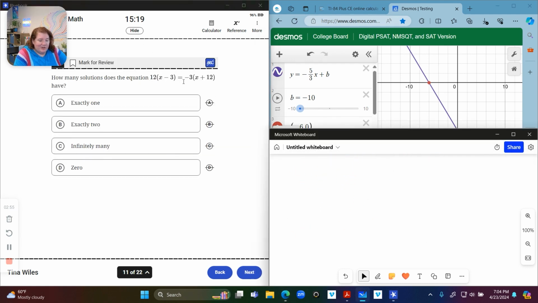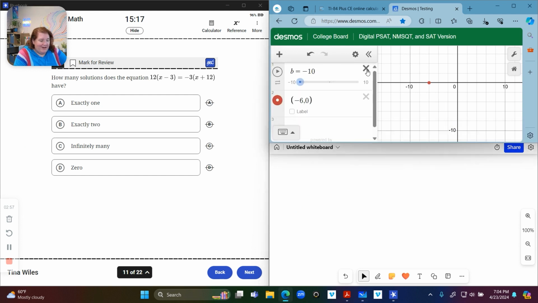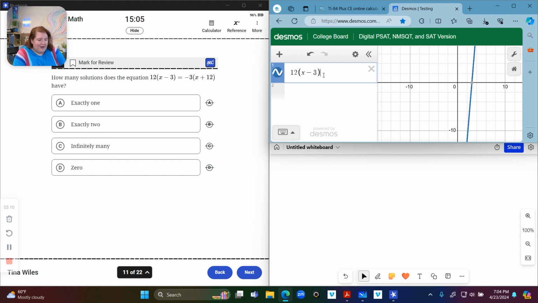How many solutions does the equation have? I like using Desmos for these. When you have the equivalent equations, you're going to plug the left side in as one equation, and plug the right side in as one equation. And I'm looking for where those lines meet.